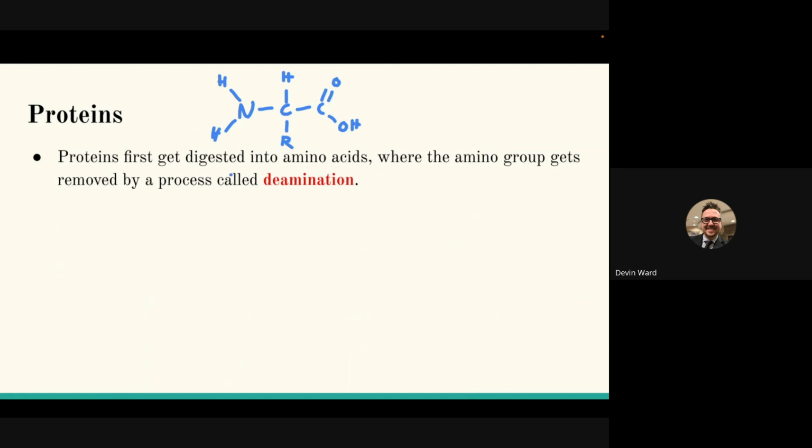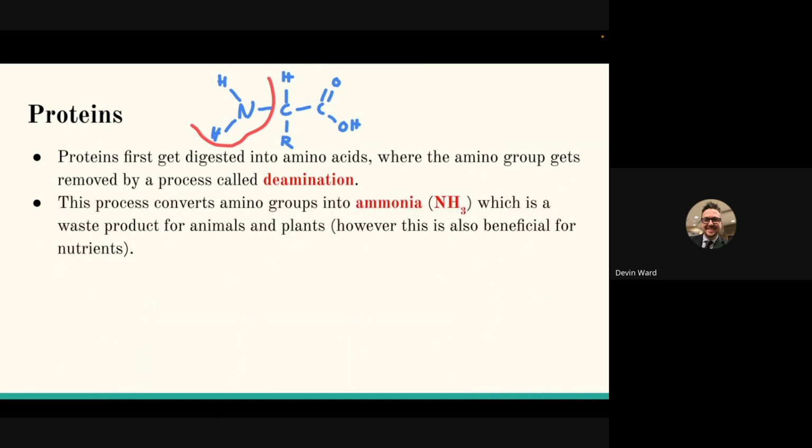They get broken down into amino acids, and then this amino group gets removed through the process of deamination.